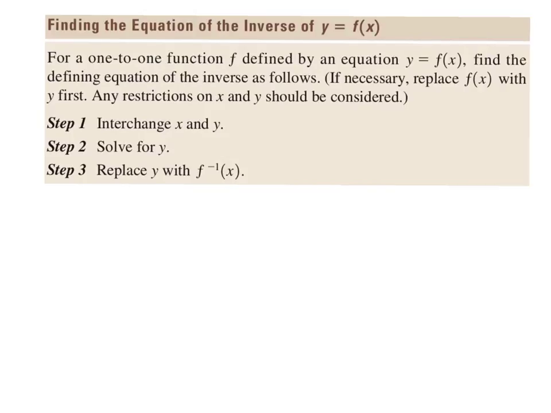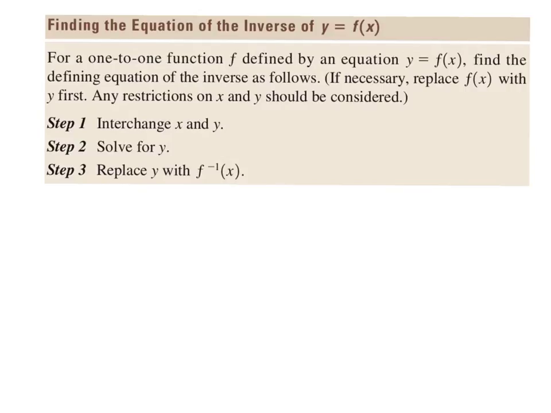Rewrite f of x as y, because it's easier as far as notation goes. After you do that, you swap all the x's and y's, change all the x's to y's and all the y's to x's. You solve for y, and then you replace y with f inverse.